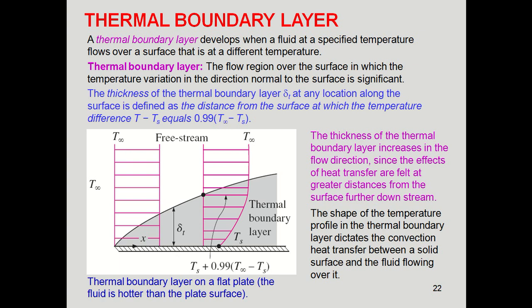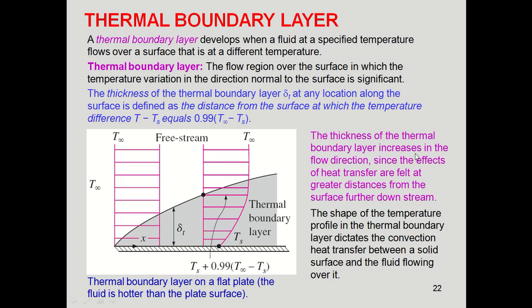So if you plot the similar points from the leading edge to the trailing edge over this solid surface, then this layer is called the thermal boundary layer. After the thermal boundary layer, the temperature of the fluid is the same as T infinity. Okay, but inside of this, the temperature is going to increase or decrease according to the condition.